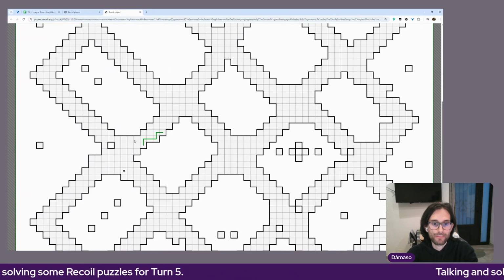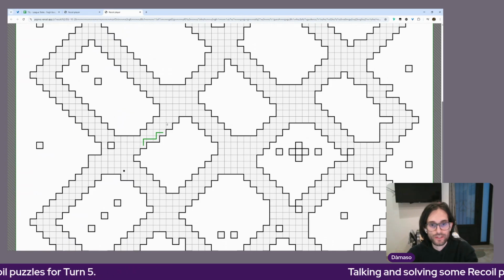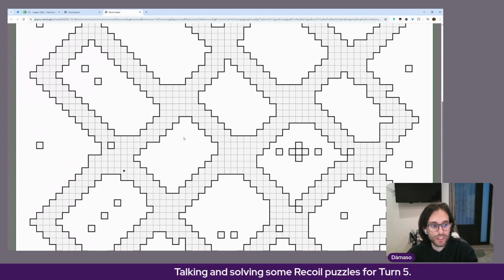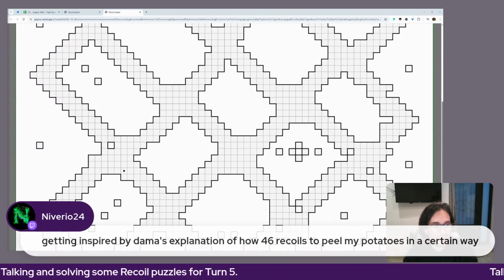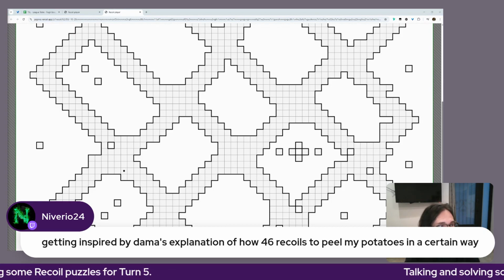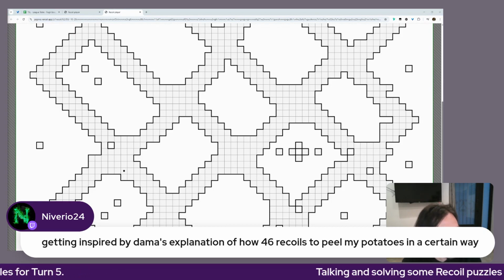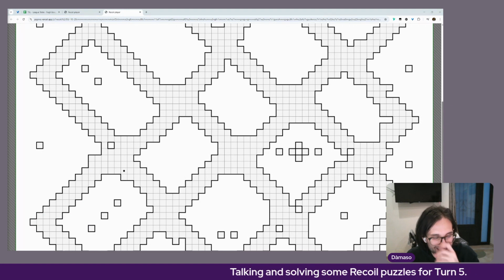You have this gap that goes 2 times to the right and 1, okay? So why am I talking about all of this? Getting inspired by Dama's explanation of how 46 recoils.